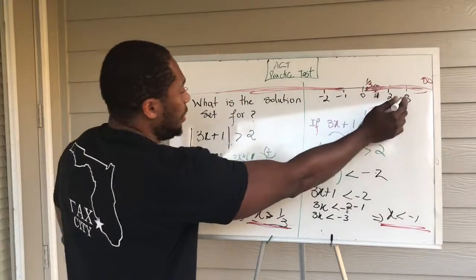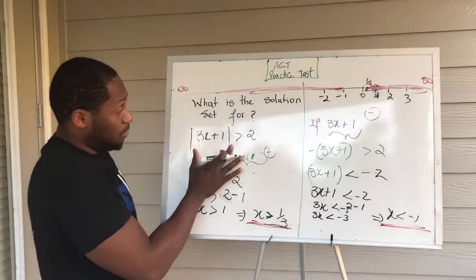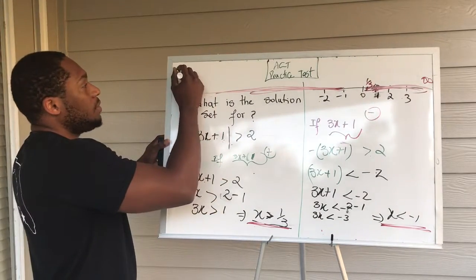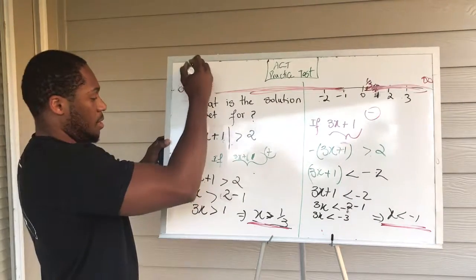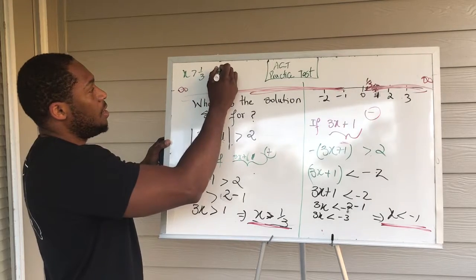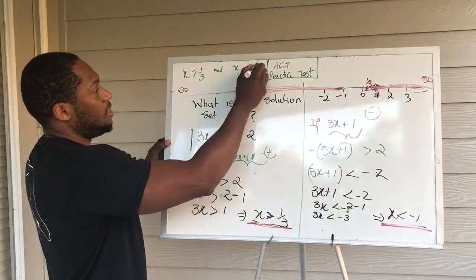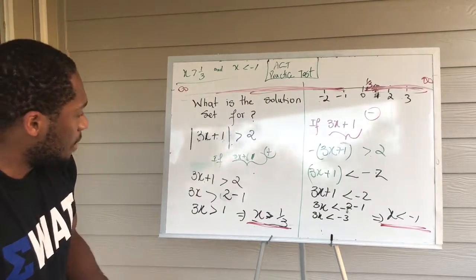So if we take a number here, 3 times 3 is 9, plus 1 is 10. Absolute value 10 is greater than 2. So the solution set is x is greater than 1/3, and x is less than negative 1. It should be it for this one.